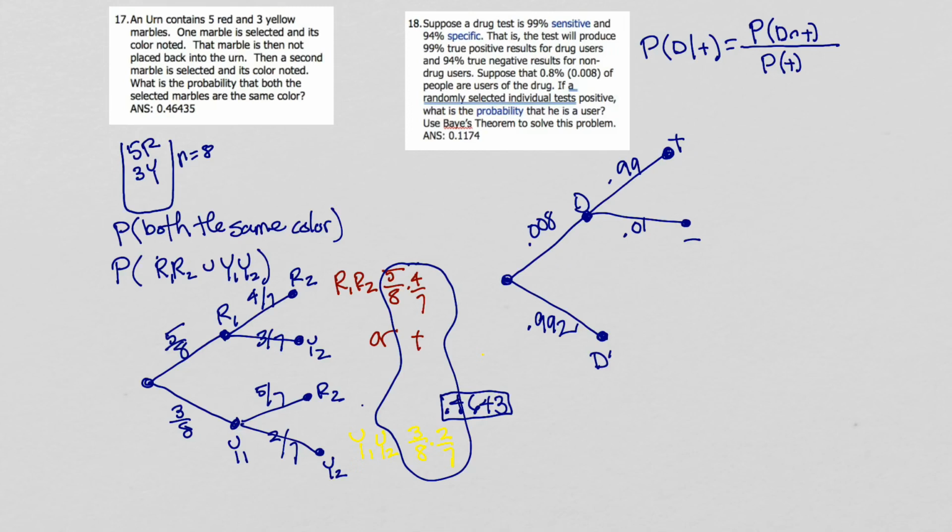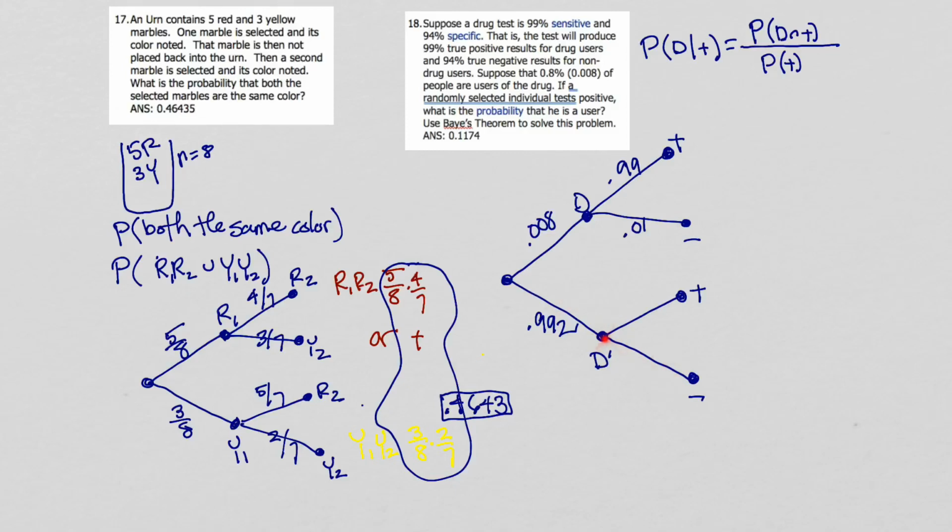And then likewise, down here, if you're not using the drug, you go get the test, and let's see, what could happen? You could get a positive result, right? That would be a false positive. You're not using it, but the test says you are. And then you could get a negative, which would be a true negative. You're not using it, and the test says that you're not. So what's this probability right here?